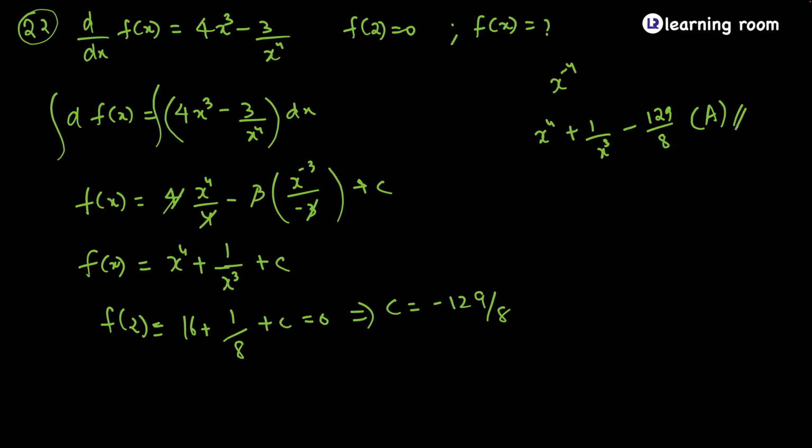A and C look similar, but the difference is the constant is negative. It is minus 129 by 8. Yeah, 22nd is option A.